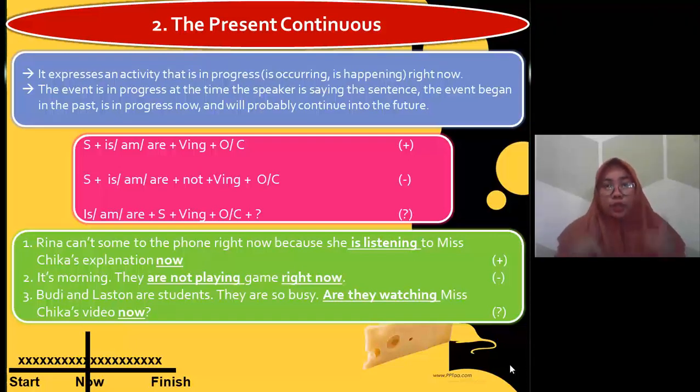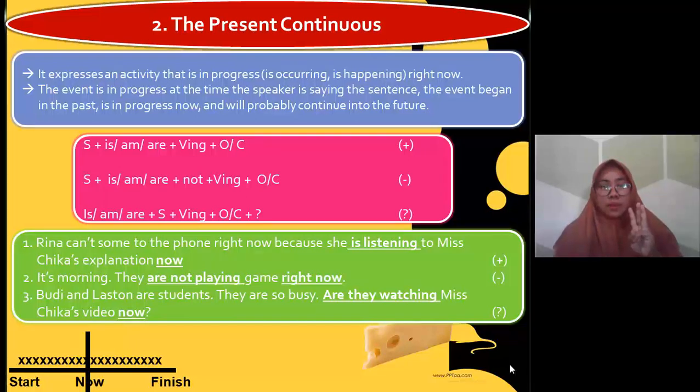So you must remember that before you put the verb in your sentence, you use to be in the present. I said later, there are three kinds of to be in the present time: is, am, are. So is, am, are plus verb ing and then object or complement. That's the point.